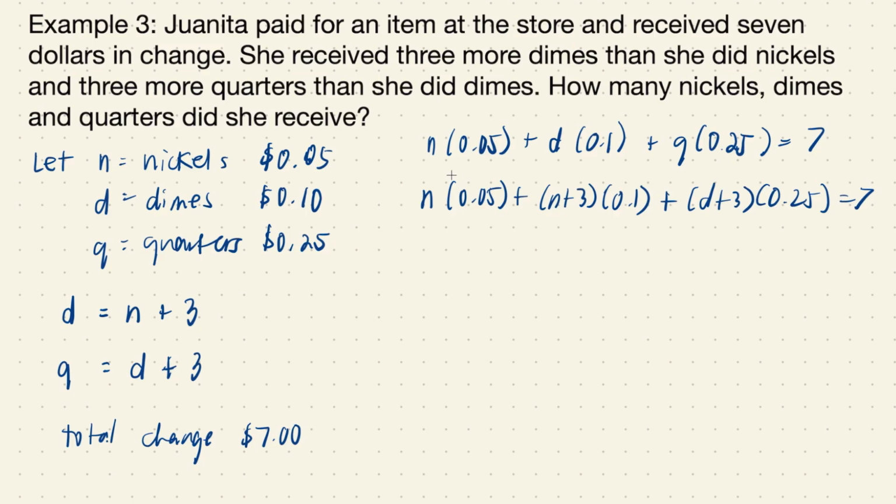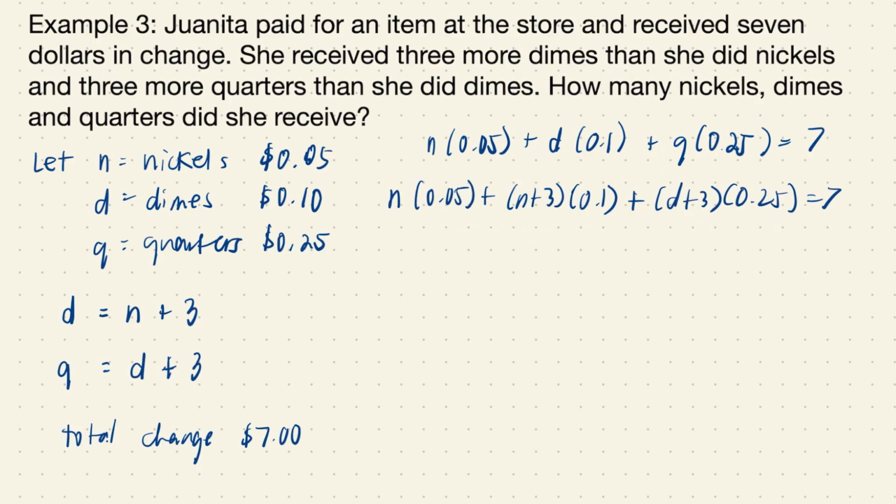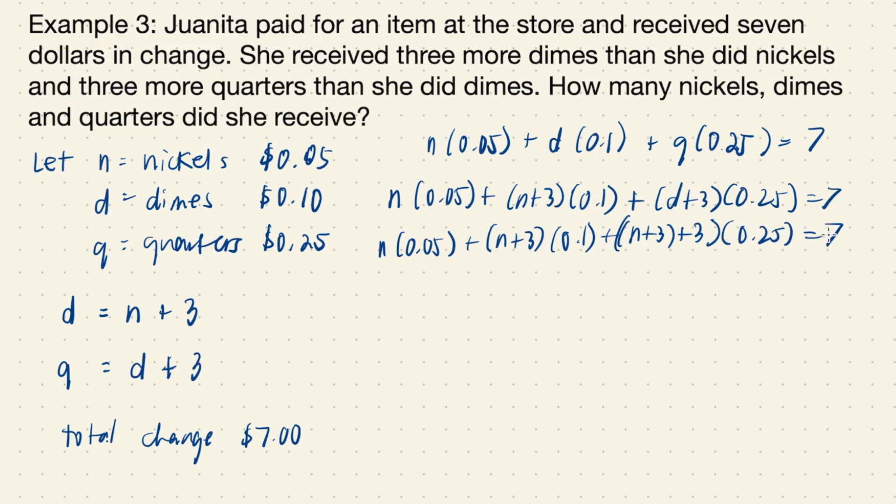Okay? So we can rewrite the number of dimes in terms of the number of nickels so that we can have everything in nickels. So n times 0.05 plus n plus 3 times 0.1 plus the number of dimes is n plus 3, and then that is plus 3 outside from the original d plus 3, times 0.25 is equal to 7.